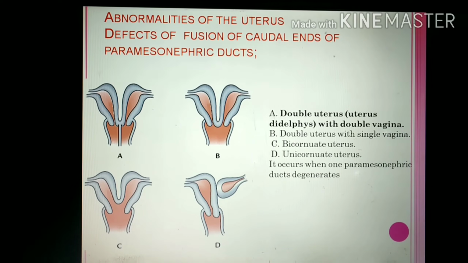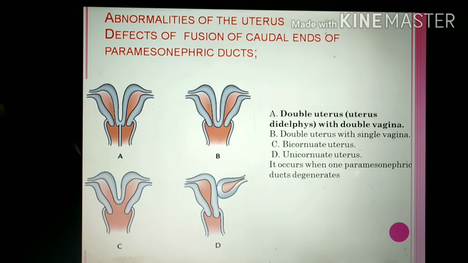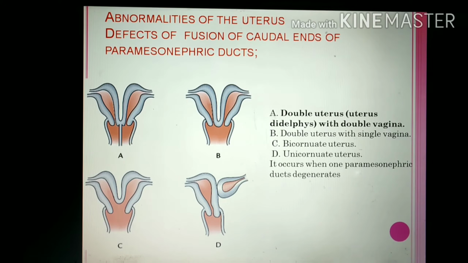Here each horn of the uterus is opening into each fallopian tube. So one fallopian tube opens into each horn of the uterus. And the last condition is called unicornuate uterus. In this condition, half of the uterus is missing and one horn of the uterus with one fallopian tube will persist because one paramesonephric duct degenerates.